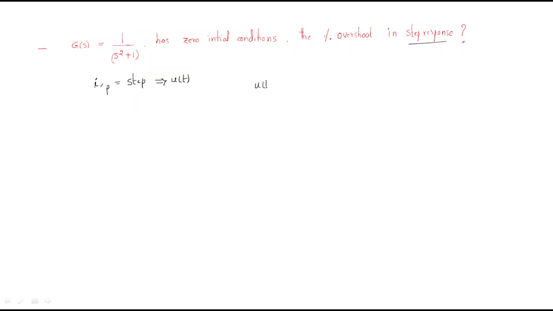So the input u(t) is applied to the signal, that is G(s), which is nothing but 1 by s square plus 1, and it will give the output, that is c(t), with negative feedback like this. Yes, this is the given signal.